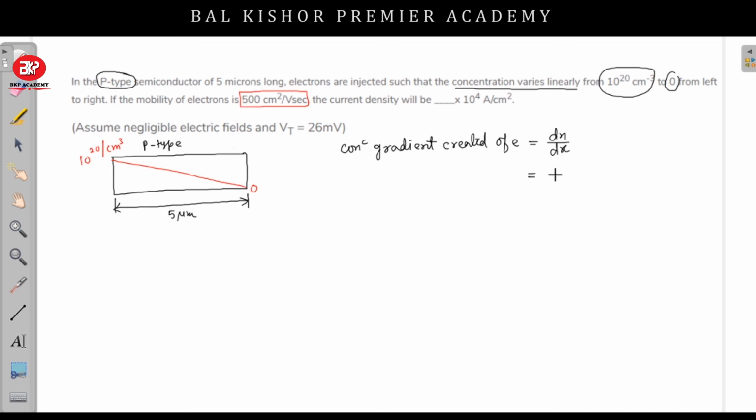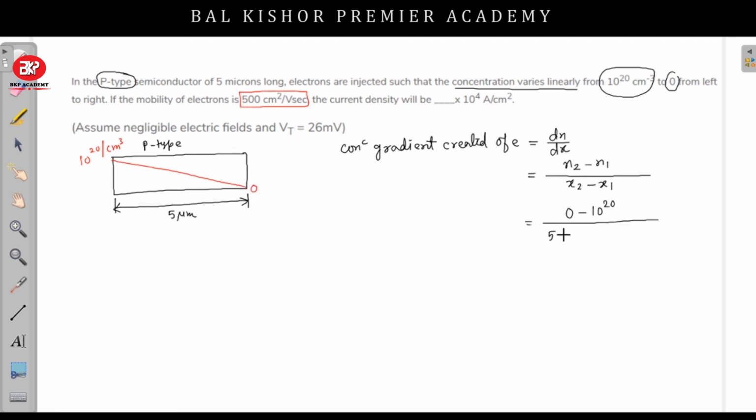So dn by dx क्या होगा मेरा n2 minus n1 divided by x2 minus x1. So if I write n2 as 0, so it will be 0 minus 10 to the power 20, और x2 क्या होंगे, x2 is 5 micron length. तो यहाँ पे x वैल्यू है 5 micron.